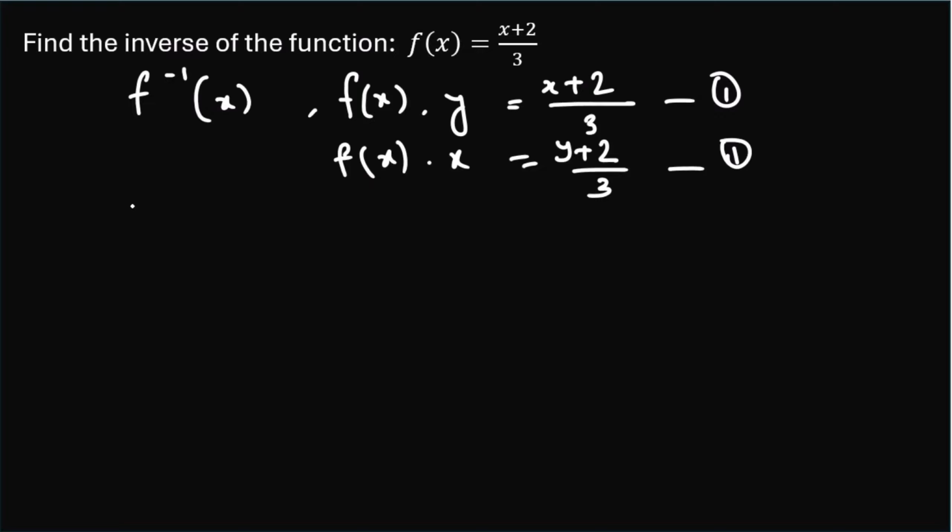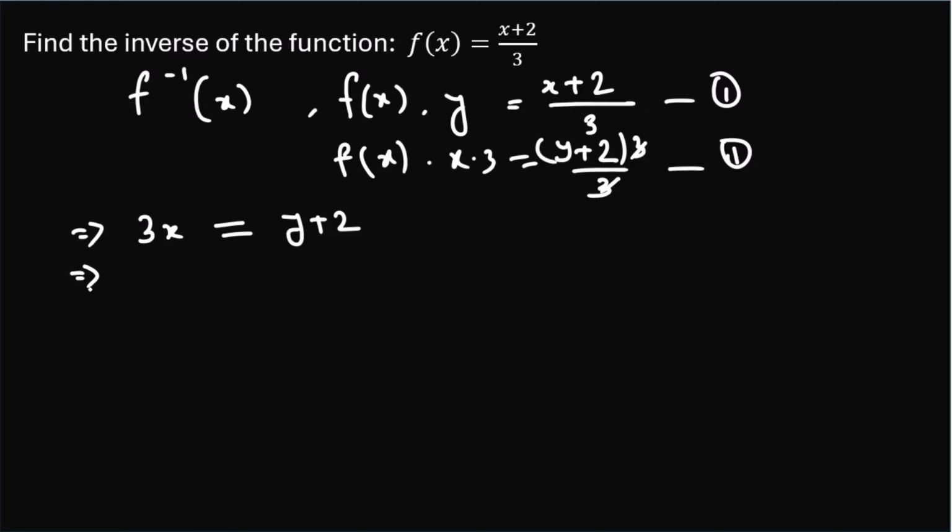From equation 2 we need to multiply 3 on both sides. So 3x equals y plus 2. If we multiply x by 3 and here also by 3, then the 3 and 3 cancel, and we get 3x equals y plus 2.